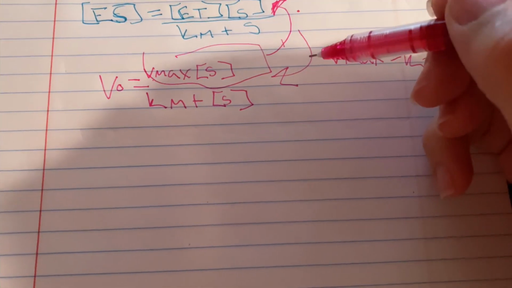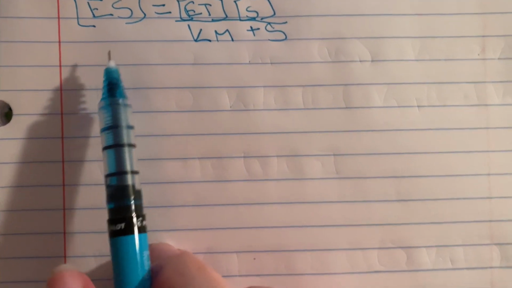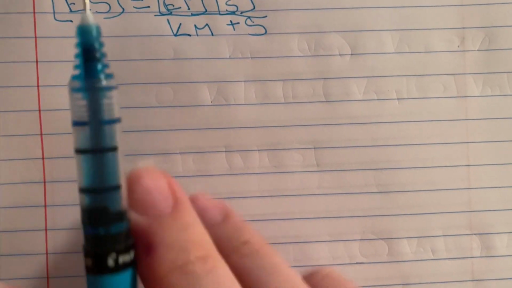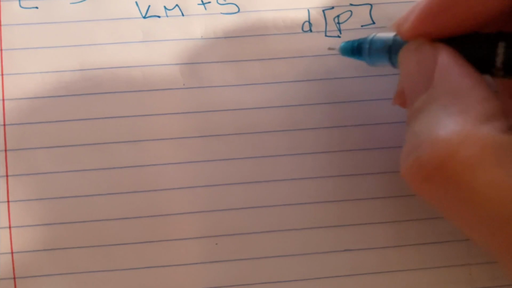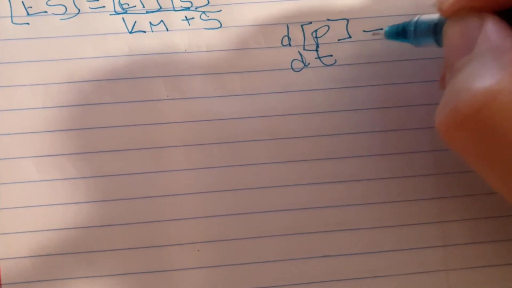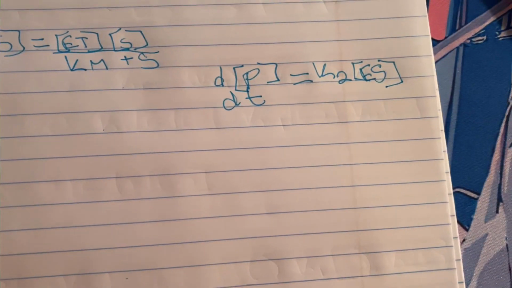Now K2. All right, so we have our equation here. Now keep in mind that the instantaneous rate of change for product P is a function of its reactant. We do know that there is only one reaction for K2, which is ES.